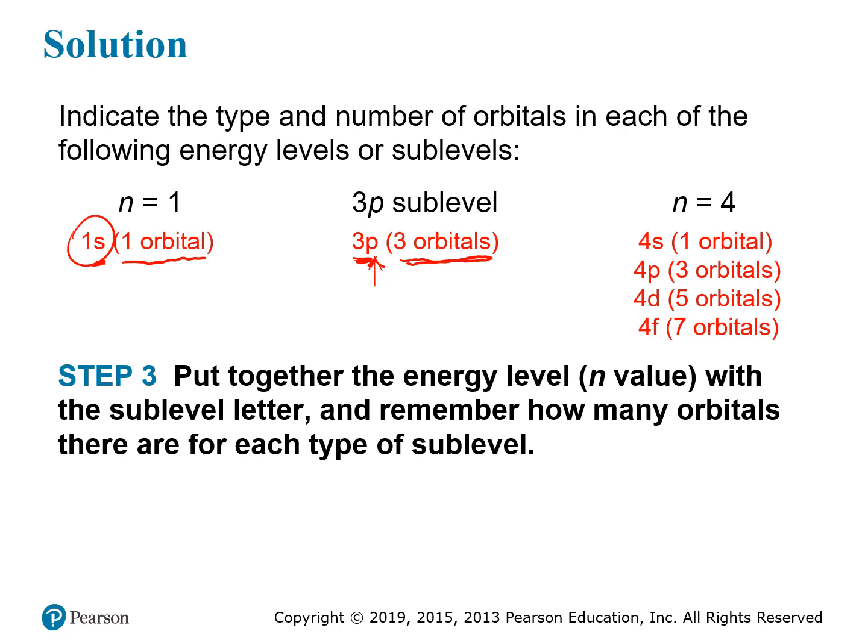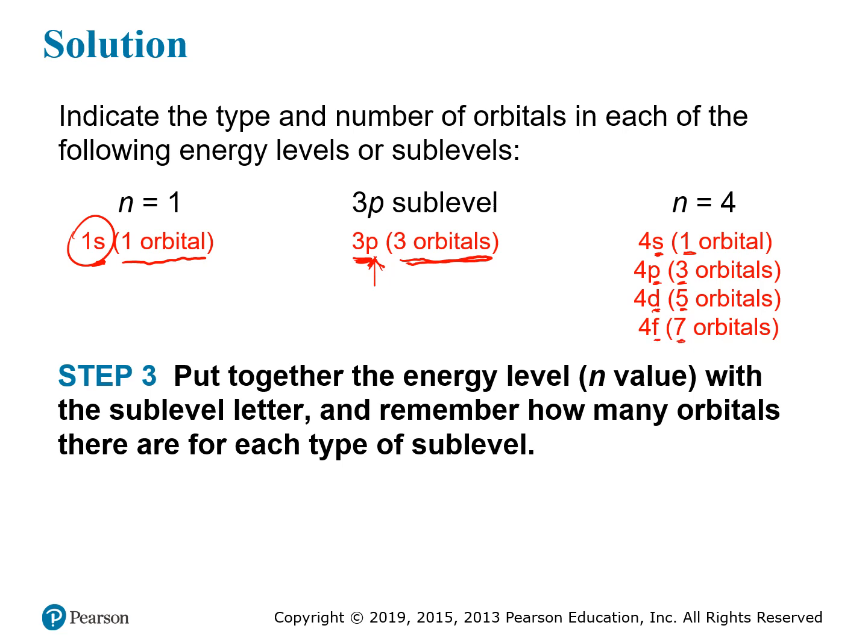For n equals 4, we have a lot more, right? We have 4 different sublevels. We have 4s, 4p, 4d, and 4f. And again, just remembering the rules, an s sublevel is always 1 orbital, a p sublevel is always 3 orbitals, a d sublevel is always 5, and an f sublevel is always 7 orbitals.